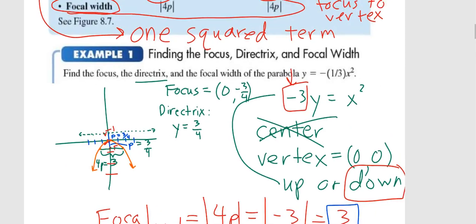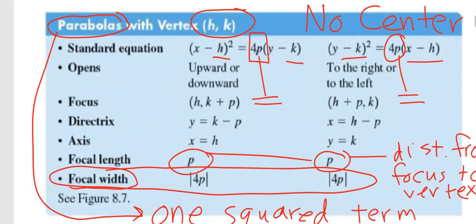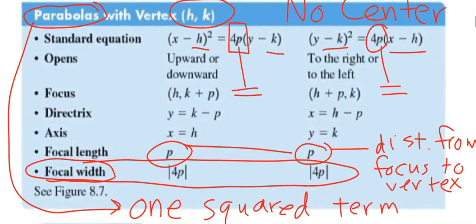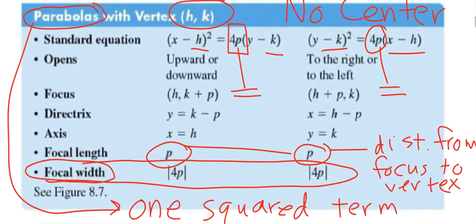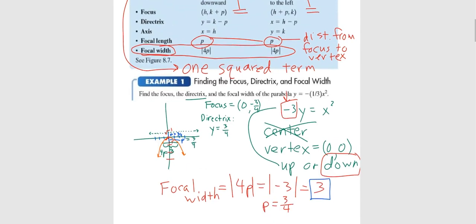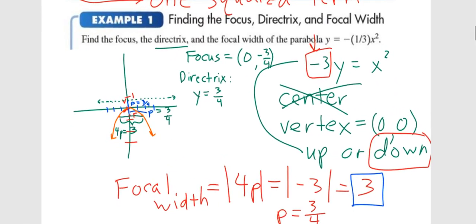So the reason why I don't sit there and say, oh, we should memorize all this stuff about focus and directrix and axis and so on, is because I need you to just understand. I mean, yeah, there's some certain things like what is P and where do you see it on the graph? Where is 4P, that focal width? Where do you see it on the graph? And if you understand the directrix is outside and the focus is inside, then the graph really becomes kind of important.